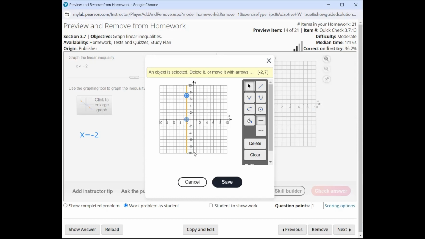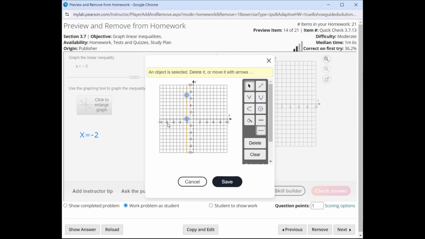Okay. Is this a solid line or a dashed line? In the original inequality, we have strictly less than. Therefore, it is a dashed line. I go and change it. Check if it changed. Yes. Now, what is the solution to x is less than negative 2? All the points having an x coordinate less than negative 2.